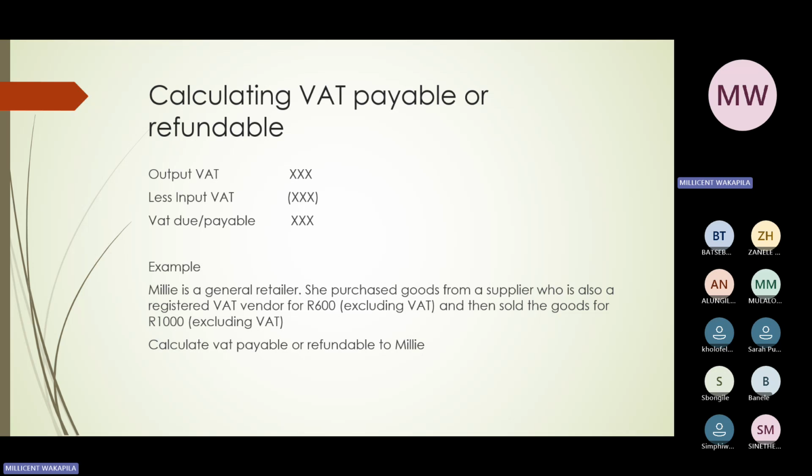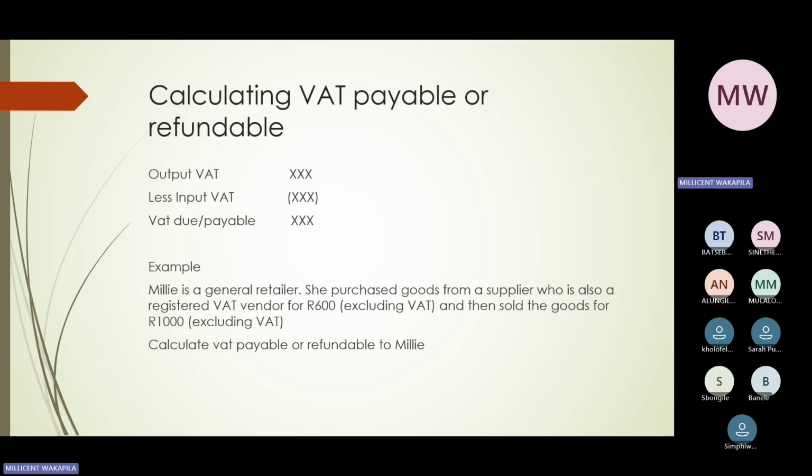Let's say in a year, on all the sales Pick n Pay has made, it was able to charge VAT worth 1 million, right? And with all the purchases that it made, it was able to claim an input VAT of like 500,000, right? What you do then is subtract the 500,000 from the 1 million to get the VAT that is due, that is payable to SARS.